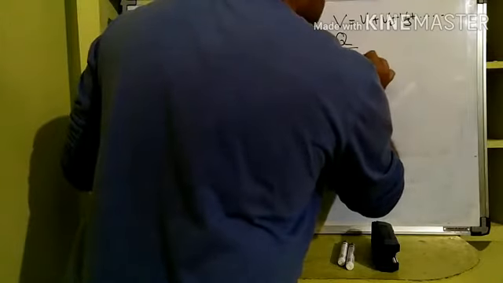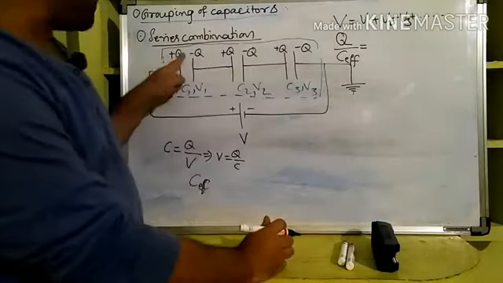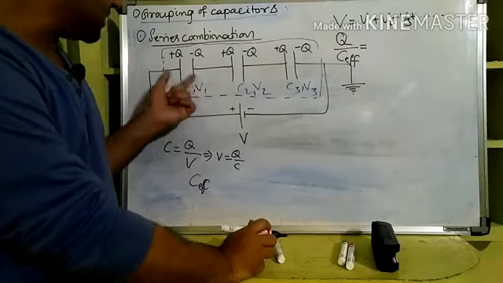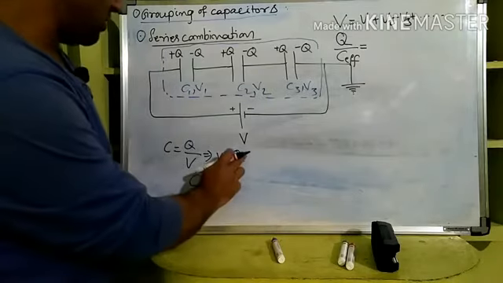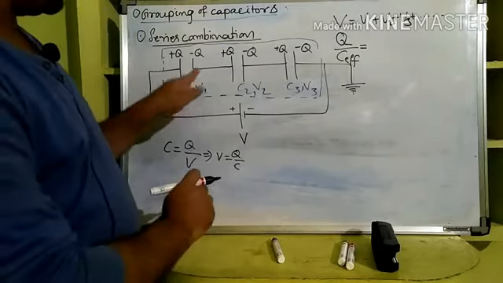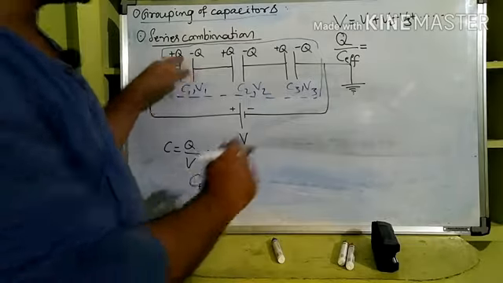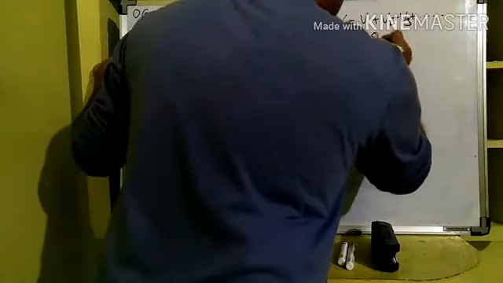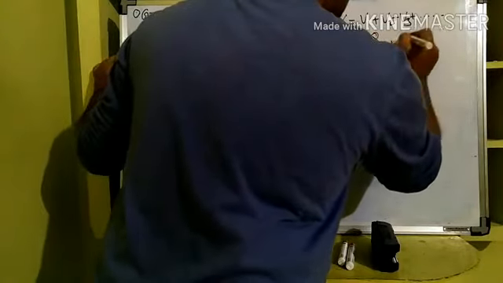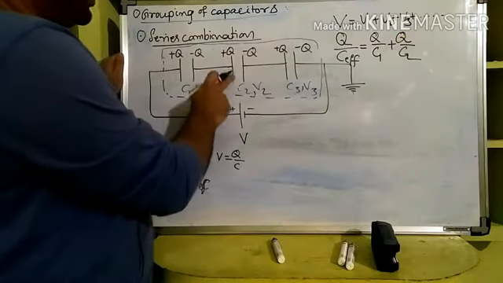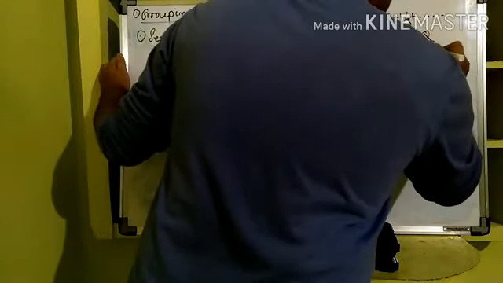the effective capacitance, is equal to, what is V1? For capacitor C1, what is V1? Isn't it Q by C1? C1 is different, but Q is the same. So for V1 we can write Q by C1. Similarly, for C2 also, the charge is Q only, so Q by C2 plus Q by C3 plus so on.